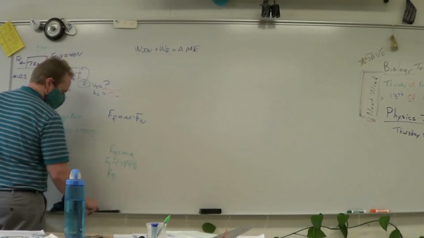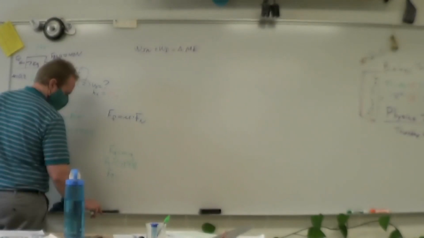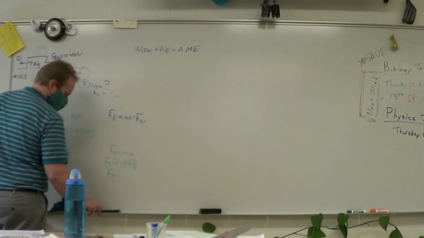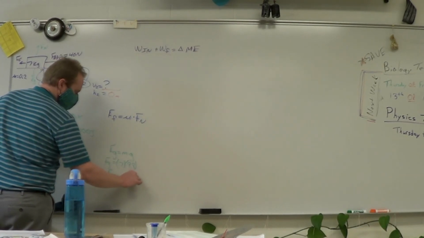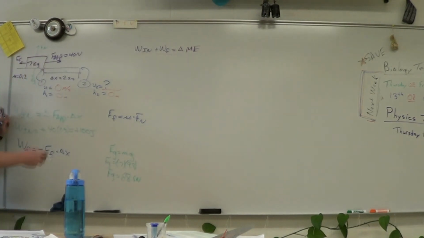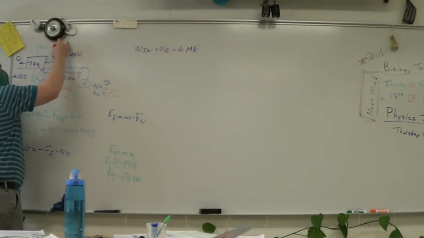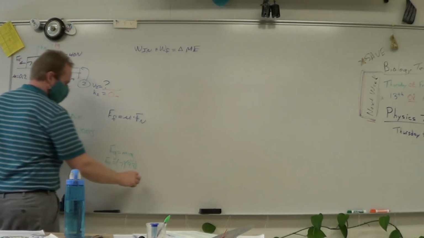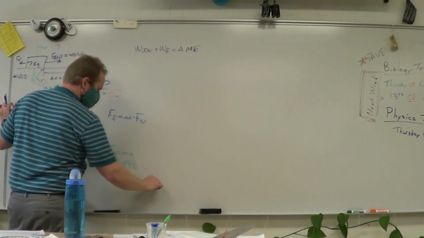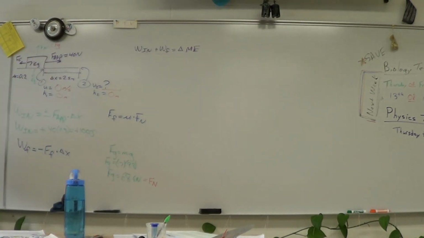Our F of g is equal to 16.6, I think. Yeah, what do you think it is? 68.6. Yep, thank you. 68.6 newtons. My gravitational force and my normal force are equal to one another because my forces are balanced. Therefore, my normal force also is 68.6.